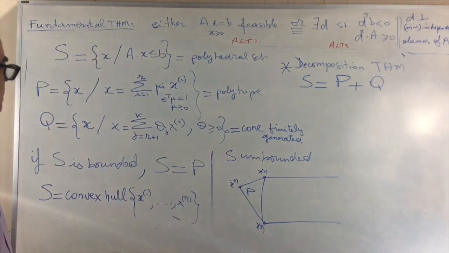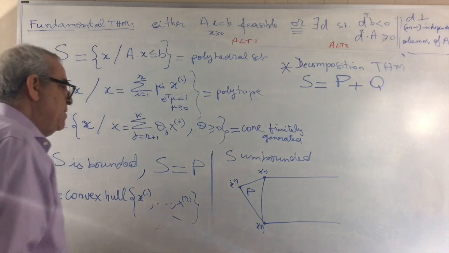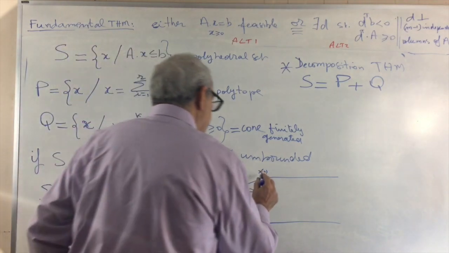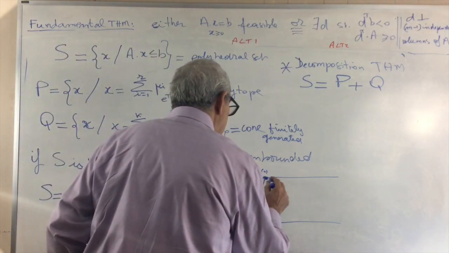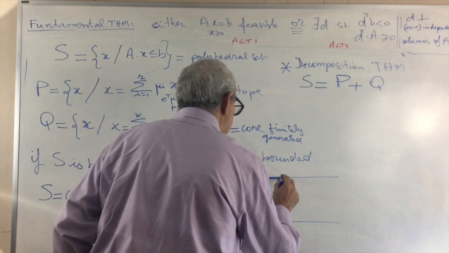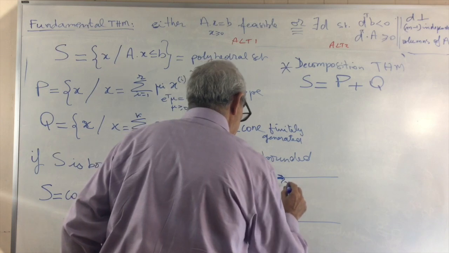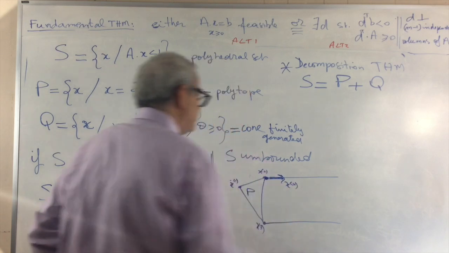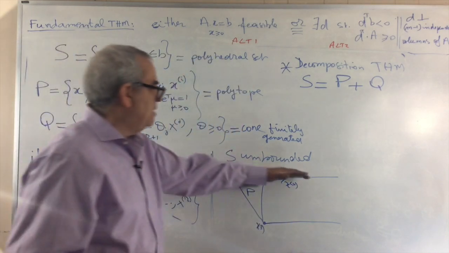That's the bounded piece of the polyhedral set. And this vector here will be x_4.